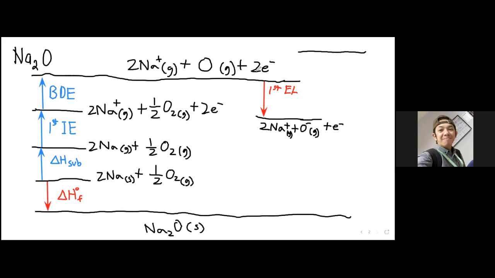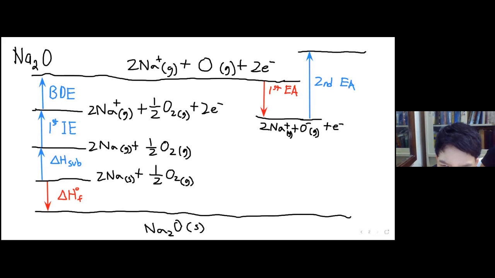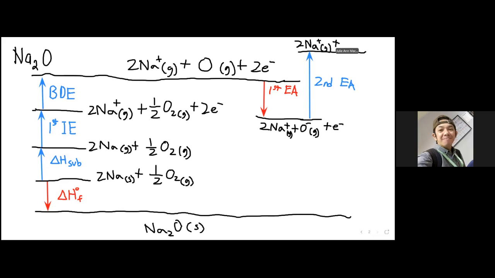I'll correct this one, I'll add the EA here. Good. Okay, just continue what you're doing. After getting the second EA, Josh, what will happen now? We'll end up with 2Na plus gases plus O2 negative. Okay, good.